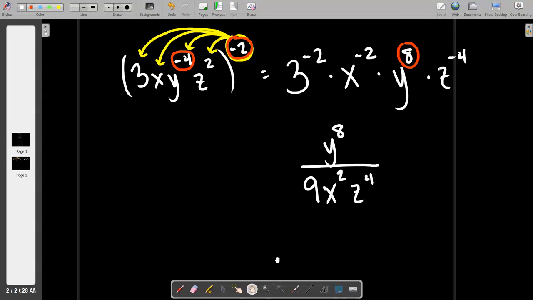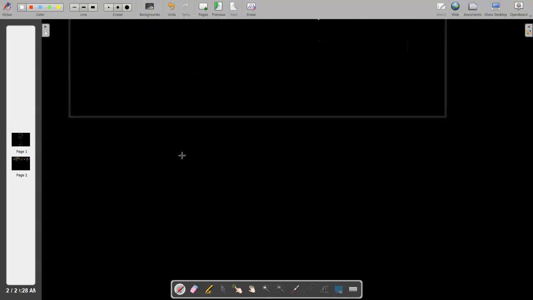Okay, I got a couple more examples, and then I think we'll just start trying some problems out here. So probably 3 more examples.